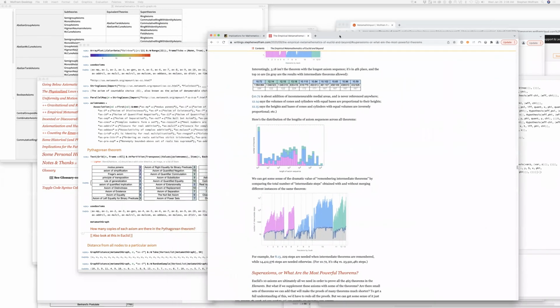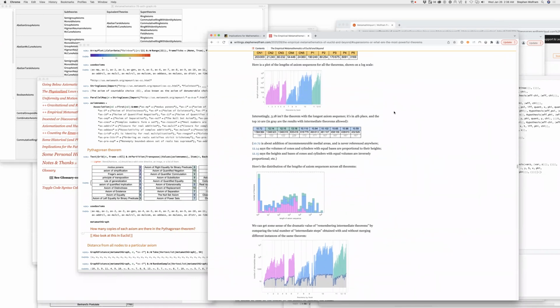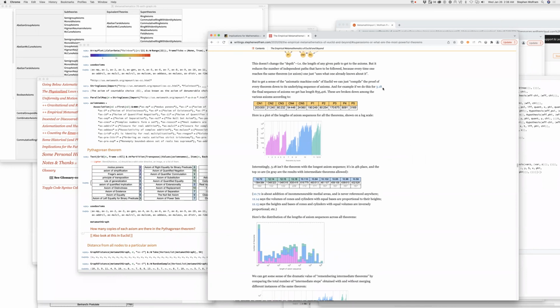There it is, the Euclid case: lengths of the axiom sequences for all theorems. The final sequence of axioms has length 835,000.